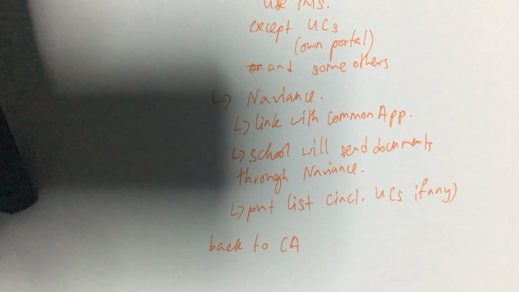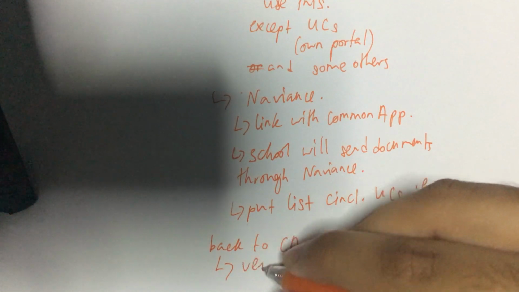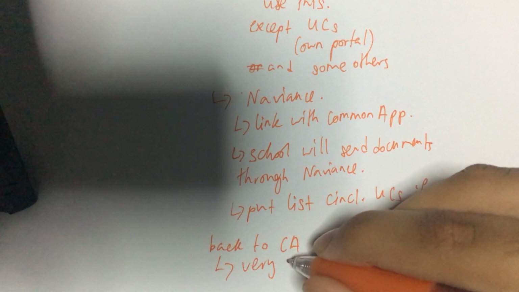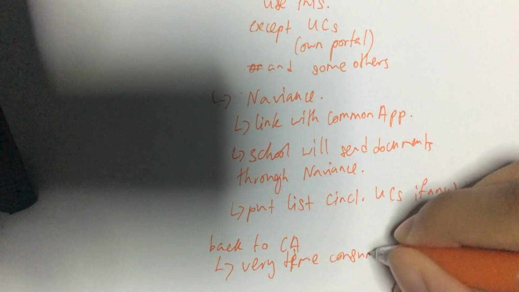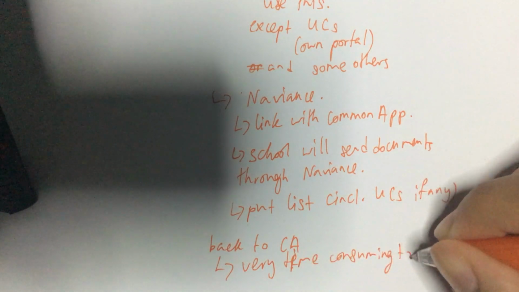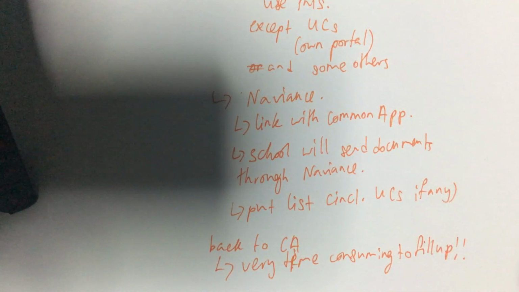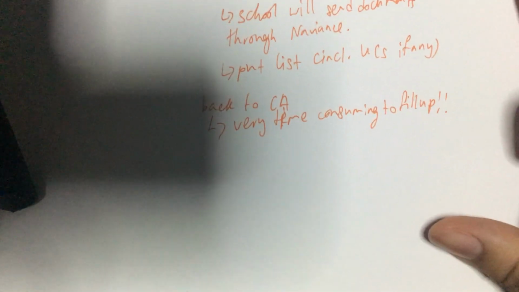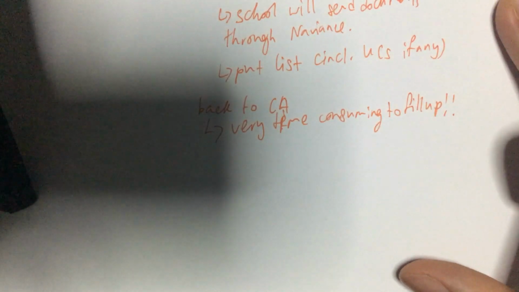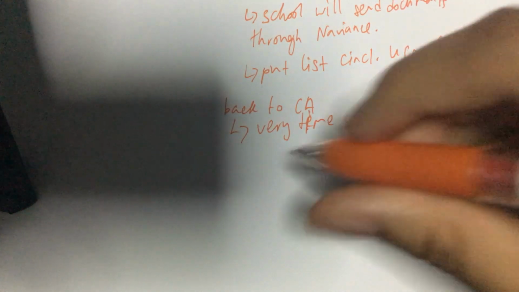I found UCAS a lot easier to use than the Common App, so I'll tell you more about that later. For the Common App, you need to put in a lot of information, so do get all your documents ready: your financial information, your educational information, your parents' educational information, your brother or sister's educational information. You need all of that. And after doing that, you would need to do the essays, which I will talk about later.